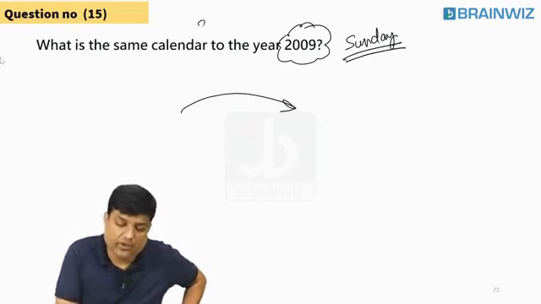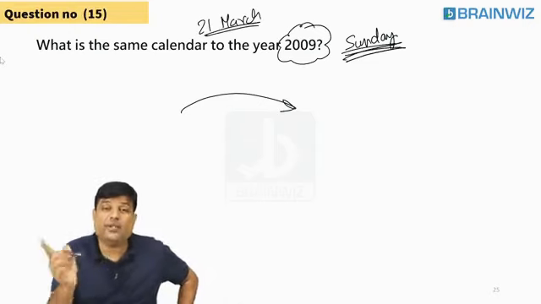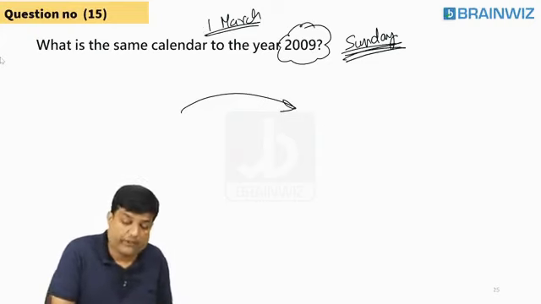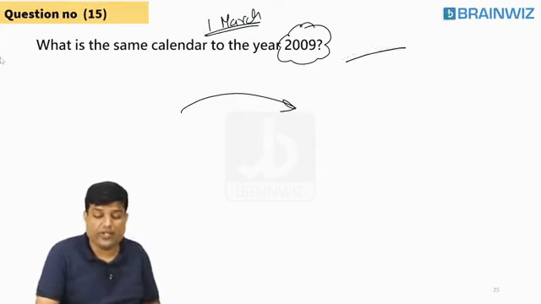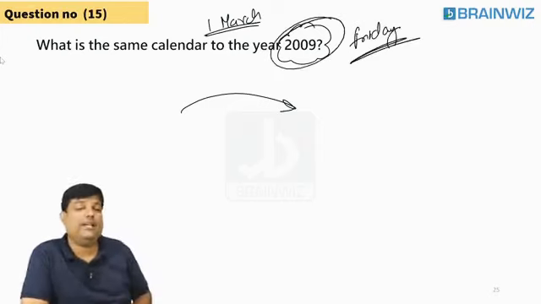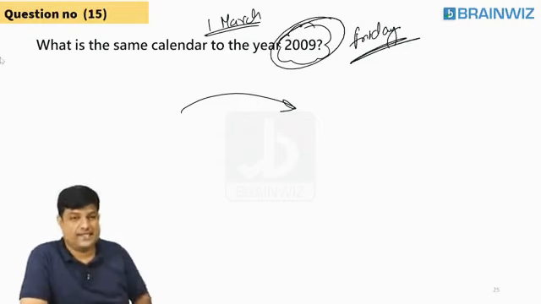Suppose your birthday is 21st March, and 21st March is Sunday. When is 21st March Sunday again in an upcoming year? Suppose 1st March you celebrated your birthday on Friday. If 1st March is Friday this year, when is the next Friday coming on the same date? Same dates, same days. How is it possible? We are supposed to check it out.